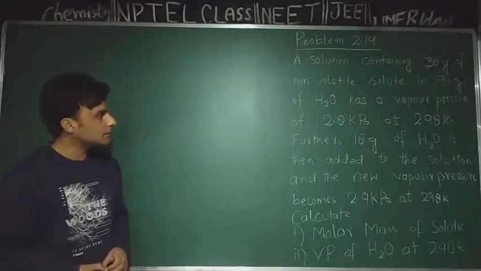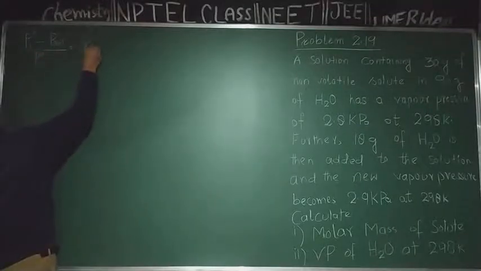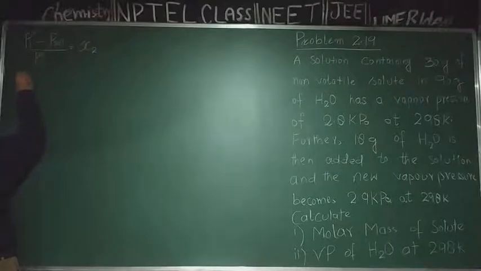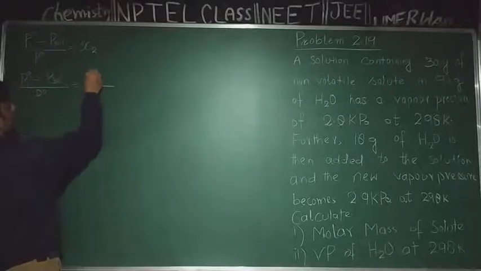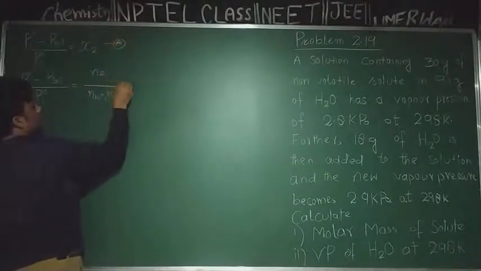So problem is based on concept of relative lowering of vapor pressure, and expression for relative lowering of vapor pressure is this: P01 minus P solution divided by P01 is equal to mole fraction of non-volatile solute Chi2, or I may write P01 minus P solution divided by P01 is equal to N2 divided by N1 plus N2. This is equation A, this is equation B.